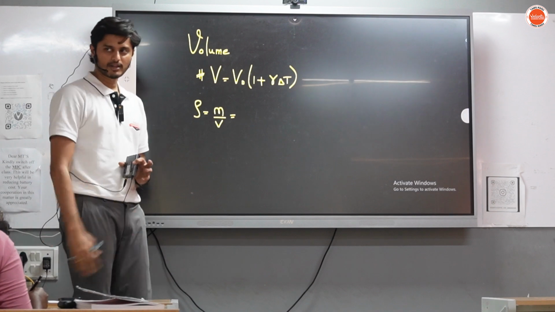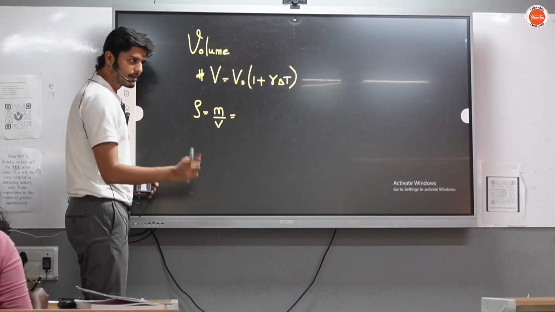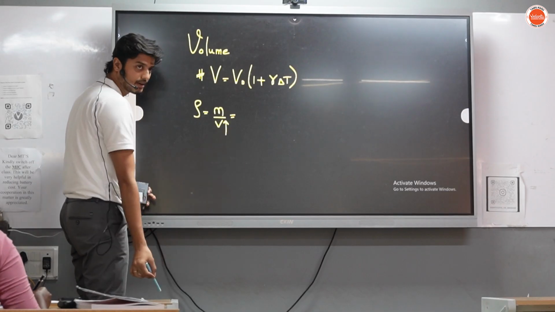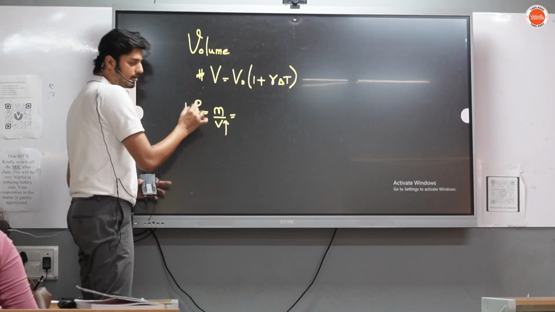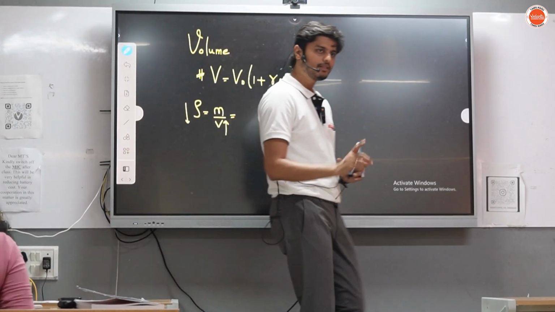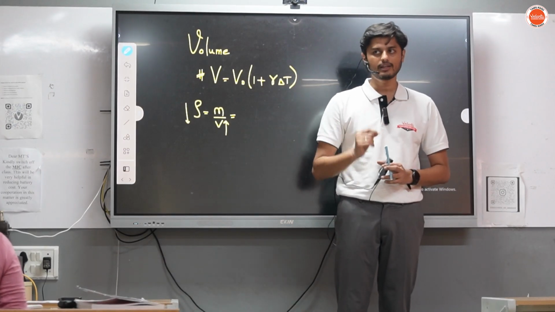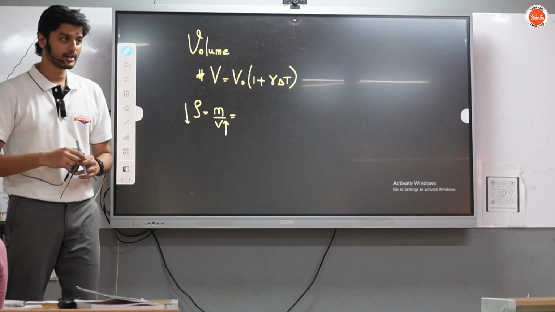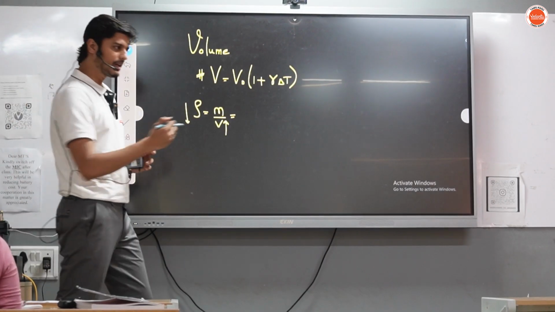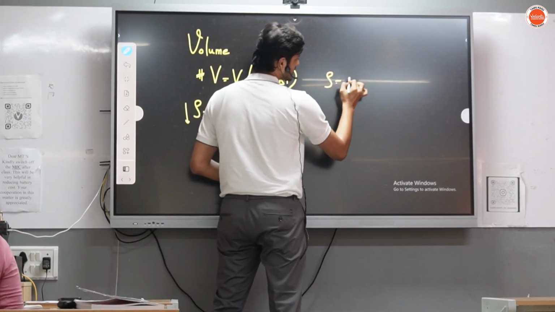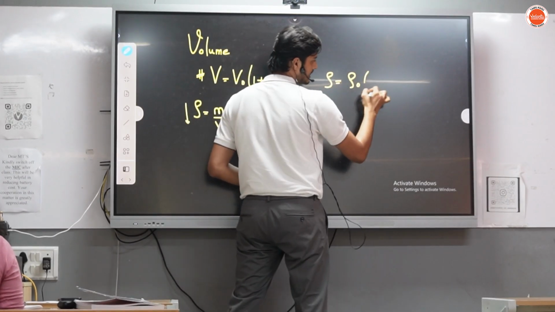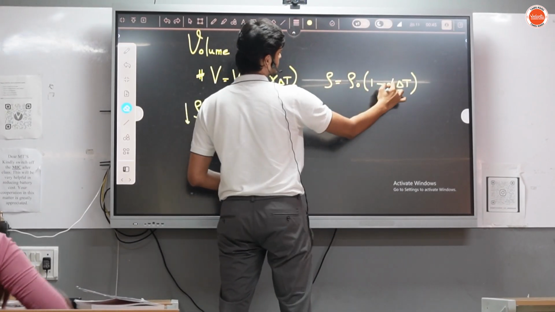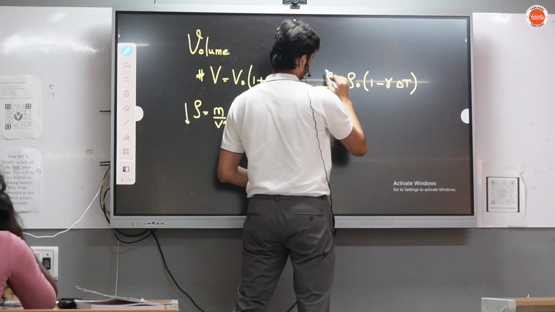Does mass change on heating? No, volume changes. On heating, volume increases, but density decreases. So far we saw length, area, volume and resistance increase, but density decreases. Logically you can directly write new density equals original density into 1 minus gamma delta T. That is the formula.